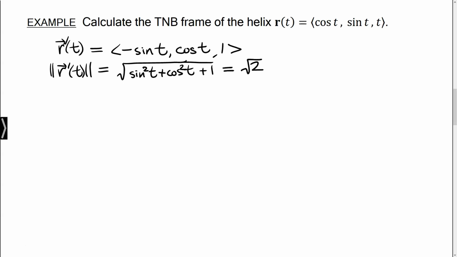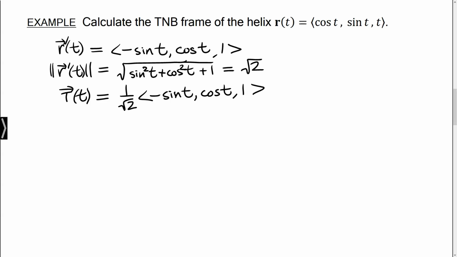So we get just square root 2. That's one of the reasons why the helix is one of the few that you can actually do pretty straightforward by hand, because it ends up having constant speed. So this means our unit tangent is 1 over root 2 times minus sine, cosine, 1, because it's r prime divided by its length.